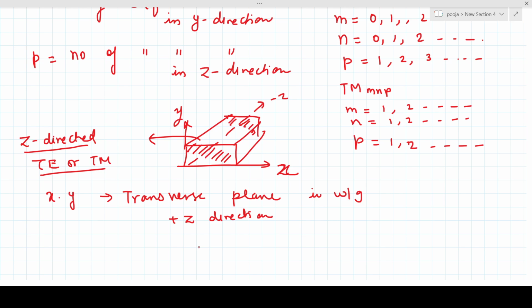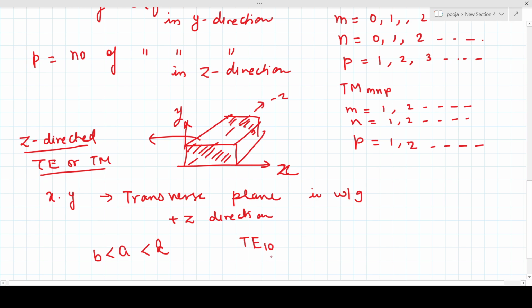Now since we have considered that a is greater than b and a is less than L, which is the dimension along the z direction, in a rectangular waveguide the dominant mode was TE10 mode.